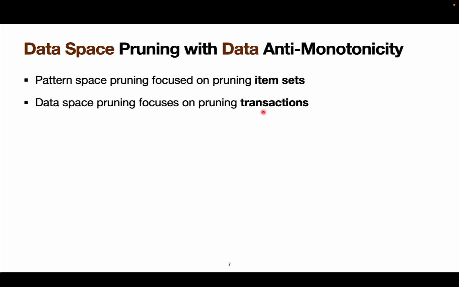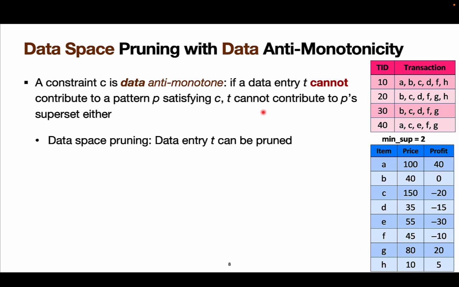Let's see what this looks like in a definition. A constraint C is data anti-monotone if a data entry T can't contribute to a pattern P that satisfies a constraint, then we can prune it because it can't contribute to P's superset either.